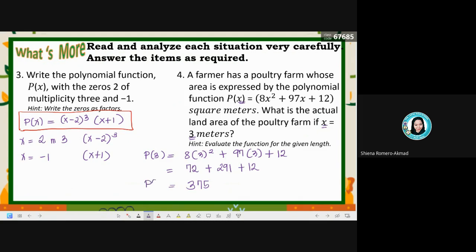Meaning, since P of 3 is equal to 375, the actual land area is 375 square meters. Okay, so this will be our answer. Next.